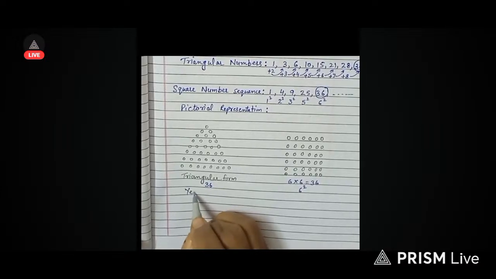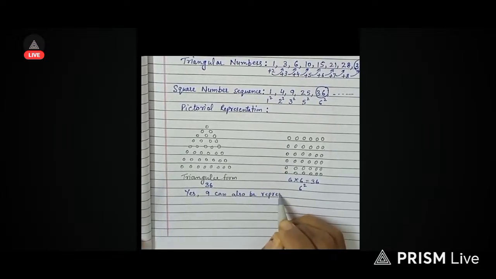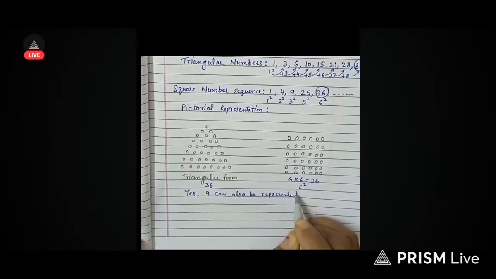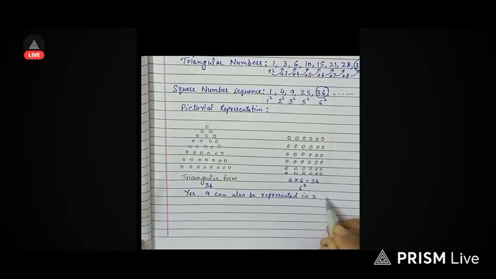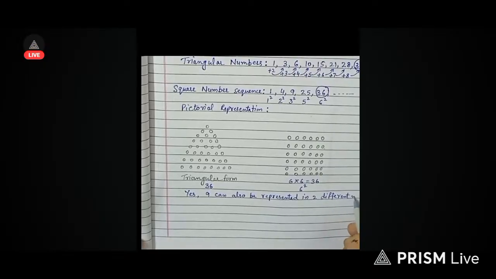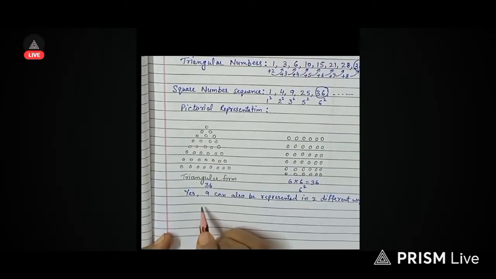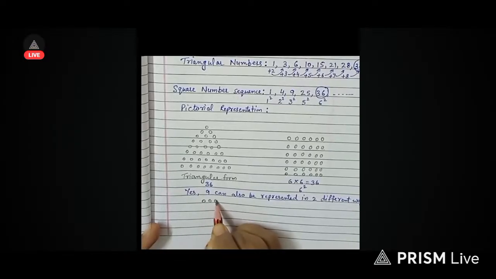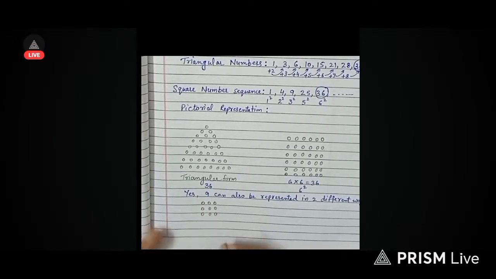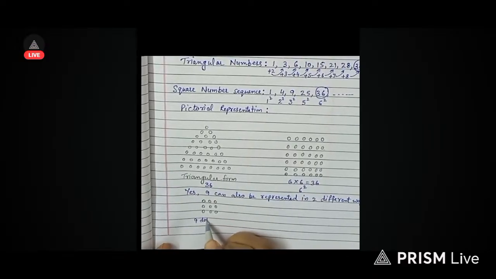Yes, 9 can also be represented in two different ways. First is like a square: 1, 2, 3, 4, 5, 6, 7, 8, 9. 9 dots as a square.